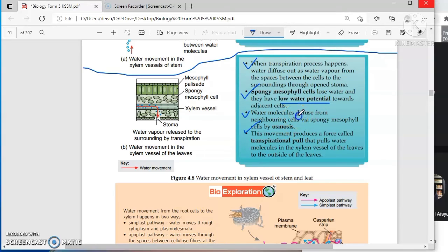You must use the word diffuse, you must use the word osmosis when you talk about water molecules. Water molecules, diffuse, osmosis, all this must be there. Okay, the movement will provide a force. We call it transpiration pull. This will pull the water from the root to the leaves.